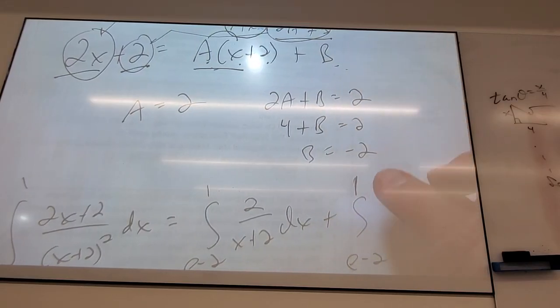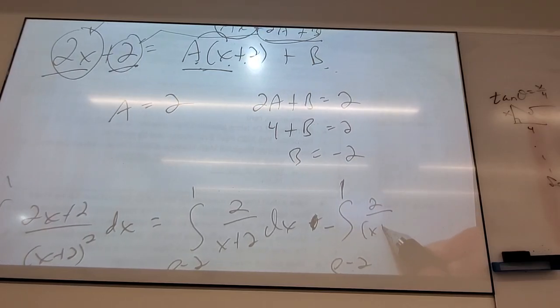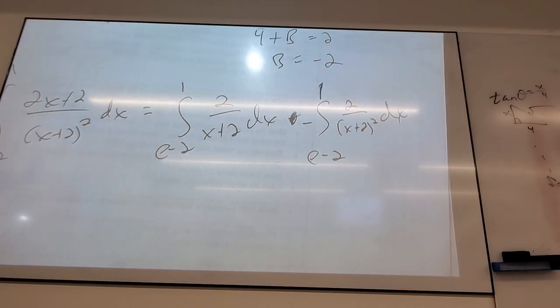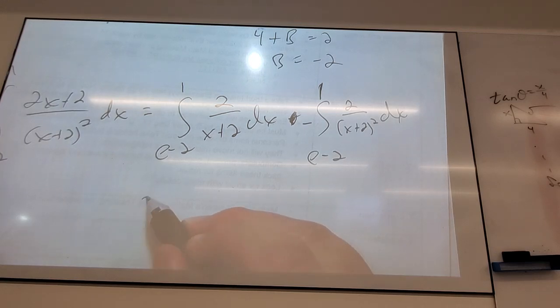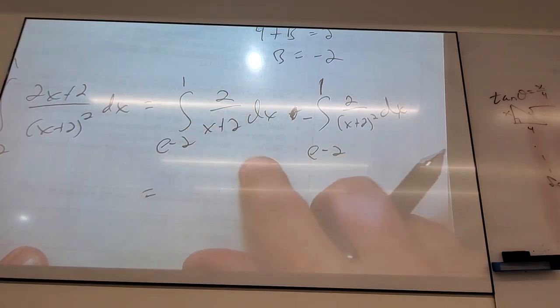Oh yeah, so b was negative 2. So we get 2 over x plus 2, minus 2 over x plus 2 squared. Okay. So what is this one?